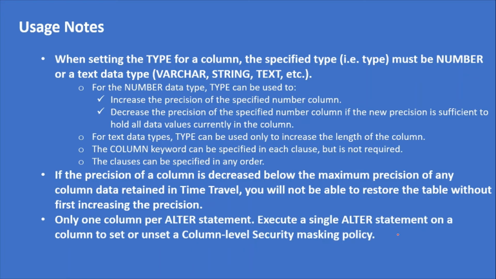Only one column per alter statement: execute a single alter statement on a column to set or unset a column-level security masking policy. So when you are applying the masking policy, you have to use only one column, whereas in other cases you can use more than one column separated by commas.